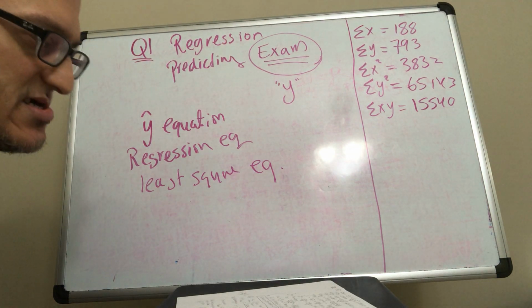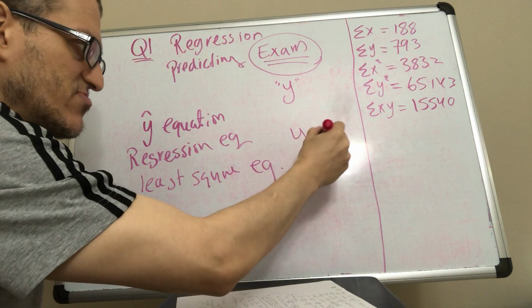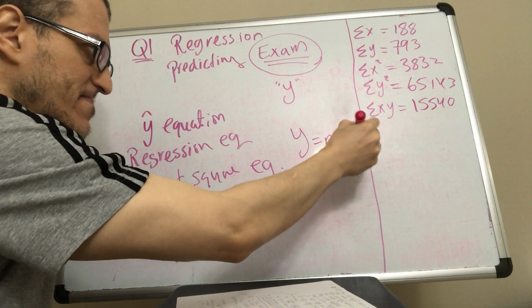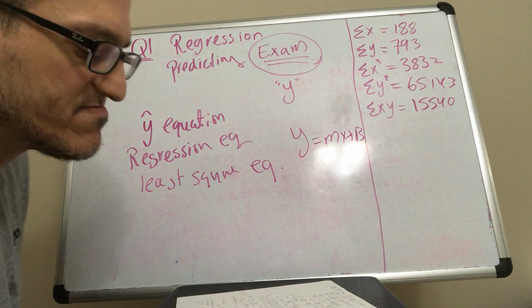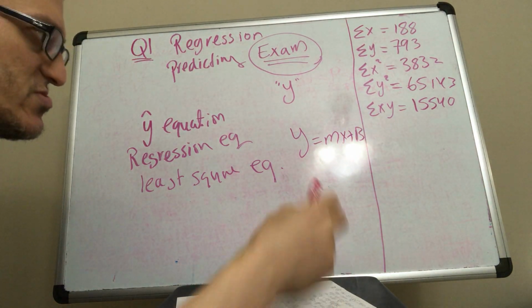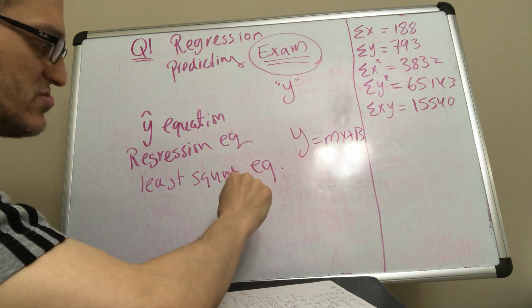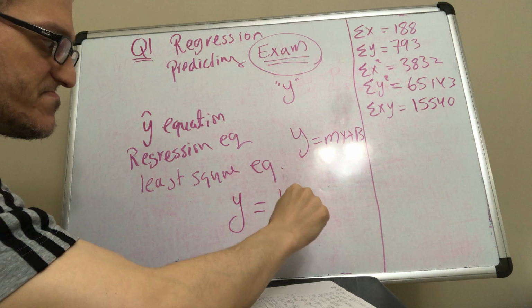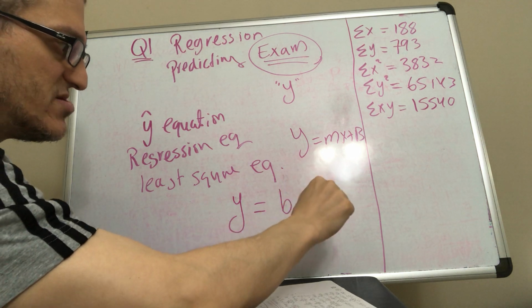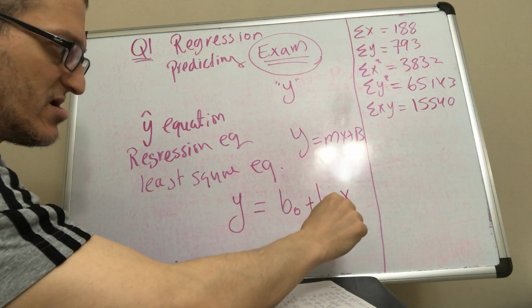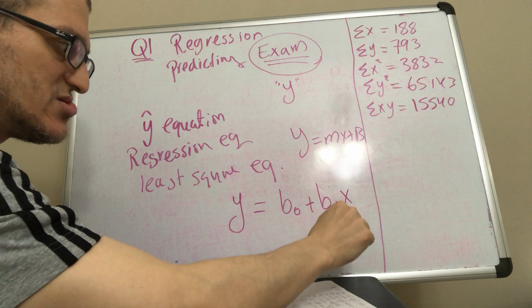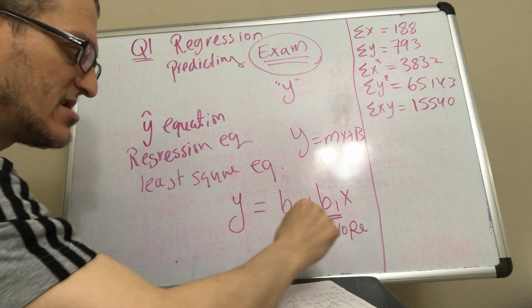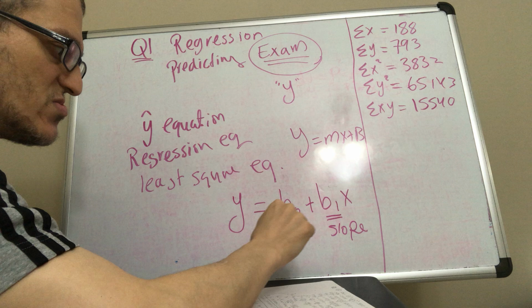And it's basically the famous mx plus b. But in regression language, we don't say mx plus b, we say b0 plus b1x, where b1 is your slope and b0 is your y-intercept.